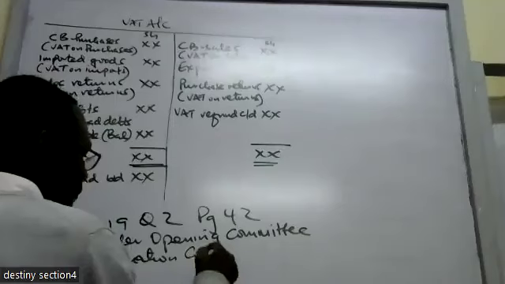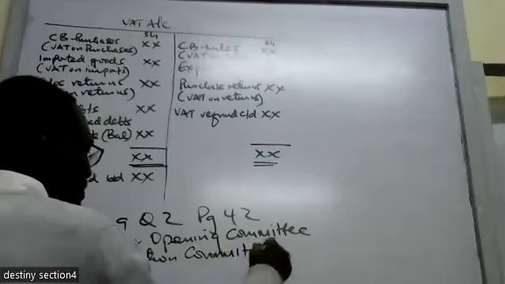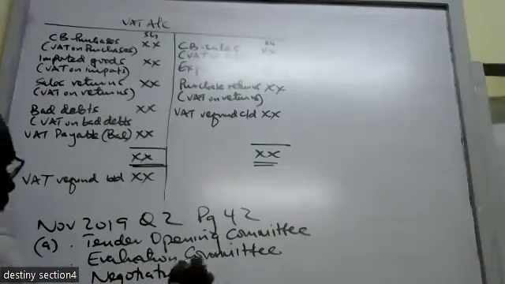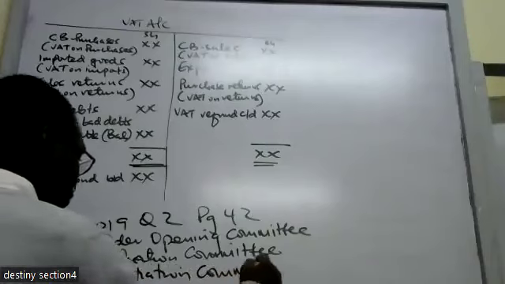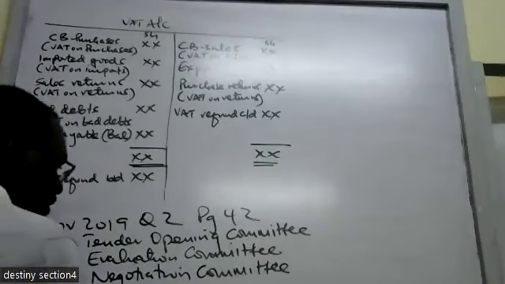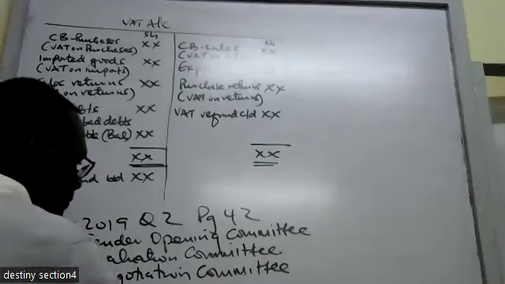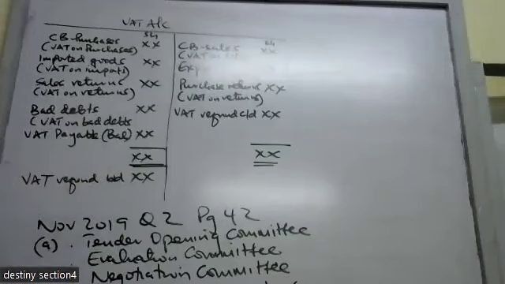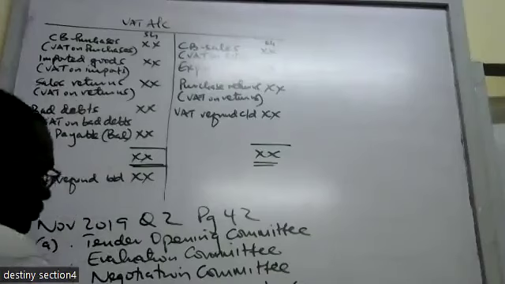Evaluation committee. Another committee? Inspection, negotiation committee. Then there is inspection and acceptance committee, the one that accepts the goods. Then there is disposal, because they wanted both procurement and disposal.